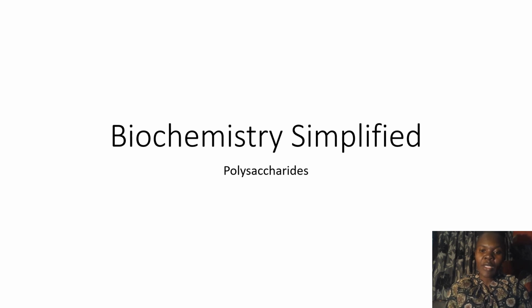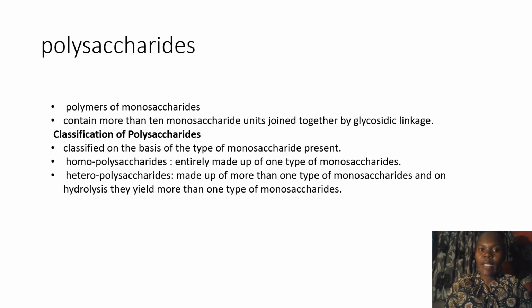To start with, let's look at the introduction, how we introduce the polysaccharides. From the name poly, it's a polymer of the sugars, that is the simple sugars which we saw. The components are simple sugars: the glucose, the fructose, as well as the galactose. Polysaccharides are defined as polymers of monosaccharides.